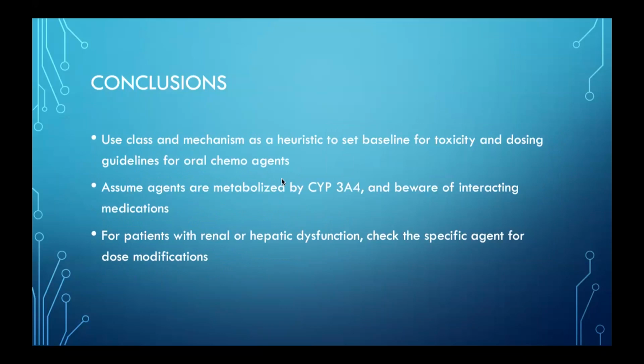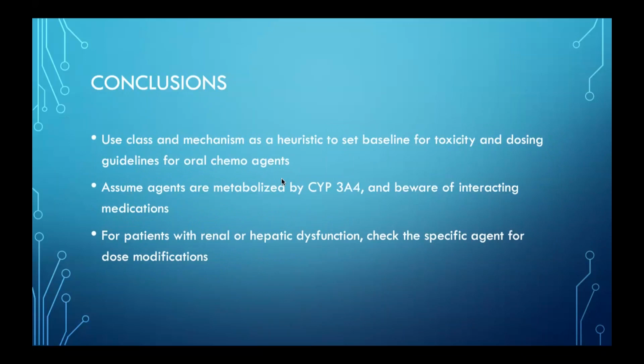And so kind of bringing it back together, whenever you're thinking about these oral chemotherapy medications, obviously it's a lot of info. So I try to group things by class and mechanism and draw lines towards toxicity and dosing guidelines for these agents. The general assumption is that these agents are metabolized by 3A4.